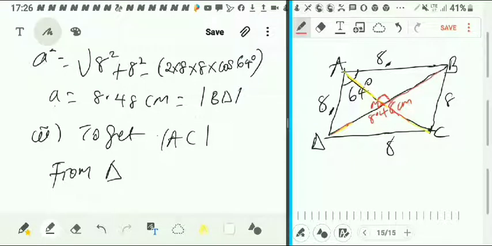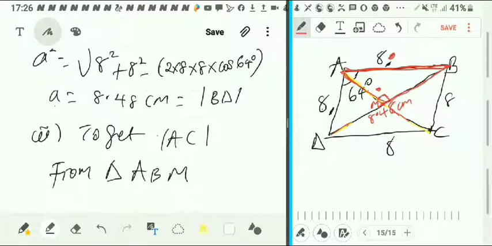At 90 degrees. So that means this is 90 degrees. So let me concentrate on this triangle ABM. Alright. This side, the longest side, the hypotenuse is given as 8 centimeter.